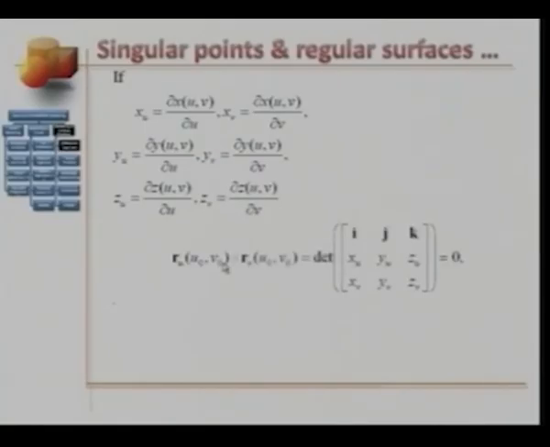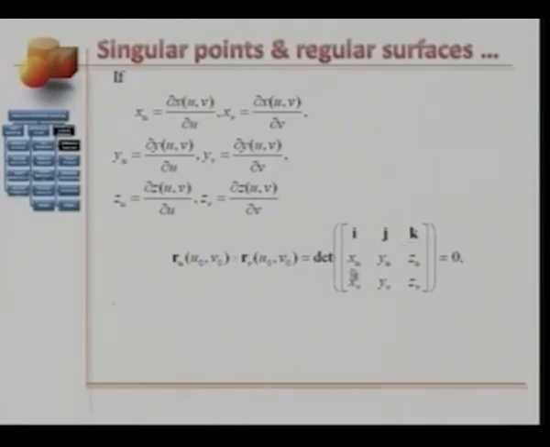then one can compute the cross product between the two tangents r sub u and r sub v. You would know that the cross product is given by the determinant of this 3 by 3 matrix. The first row contains the x, y, and z direction unit vectors.